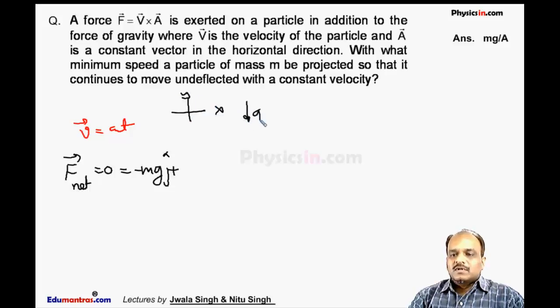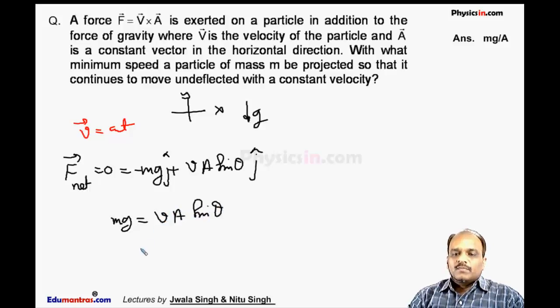The acceleration due to gravity is acting vertical downward, and the force by this is v a into sine theta, and the direction must be j cap. Let the angle between v and a be theta. So from here if I say F is 0, it means mg must be equal to v a sine theta, or from here I can say v is equal to mg by a sine theta.